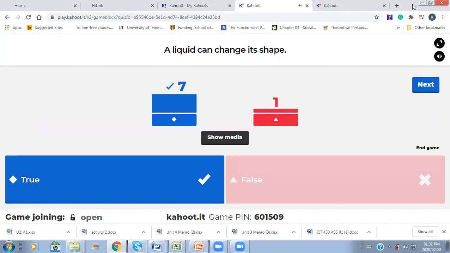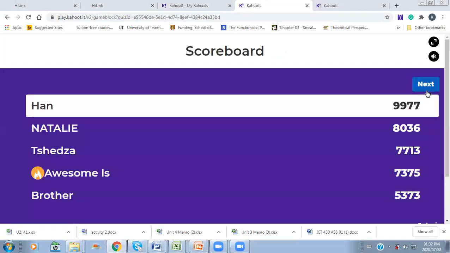Yes, it's true. Liquid takes the shape of the containers. Okay, let's go on. Awesome is now having a flame meaning she has answered consecutively correct answers.